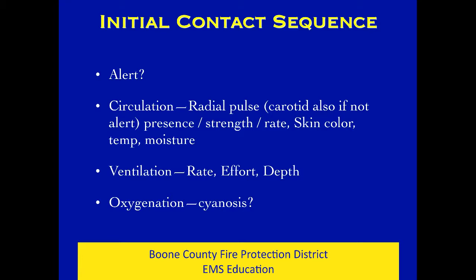Then you move on quickly to ventilation, and probably while you're still holding that radial pulse. It may be occurring almost at the same time. As you get better at this, a lot of these things happen concurrently as opposed to an isolated sequential step. But let's start with circulation and then hang on to that radial pulse. Look at how fast they're breathing.